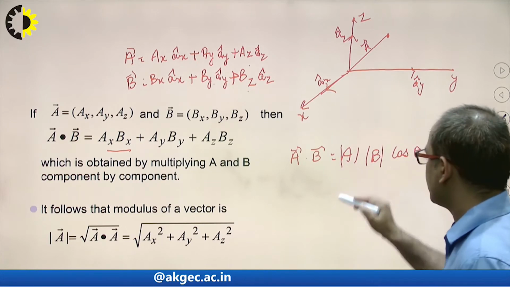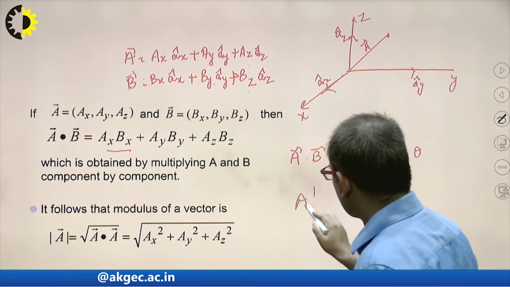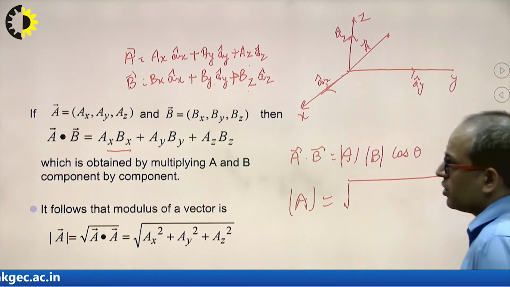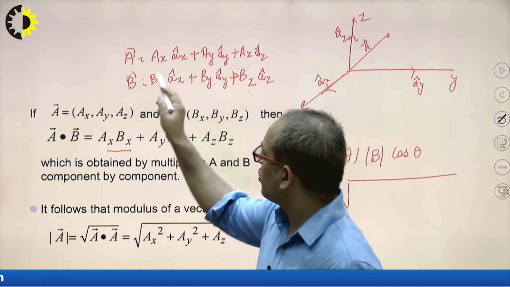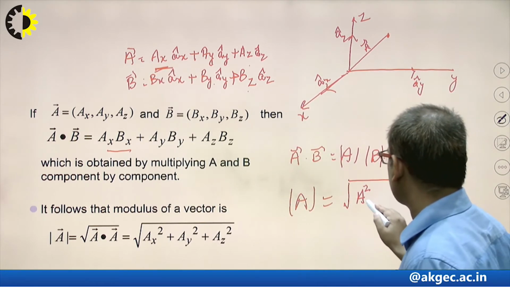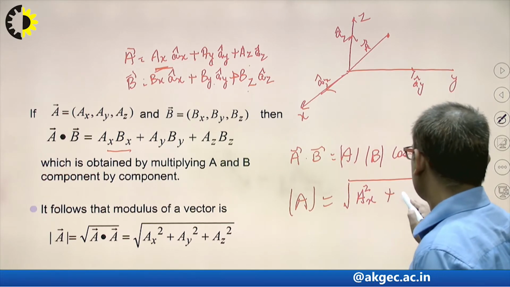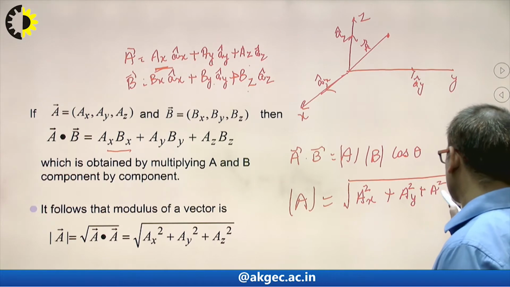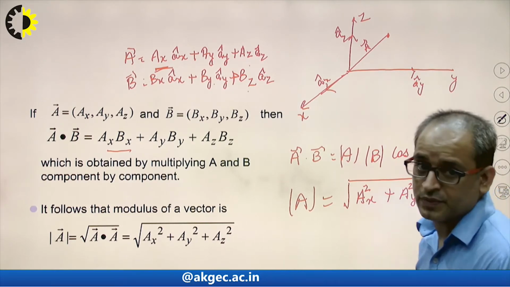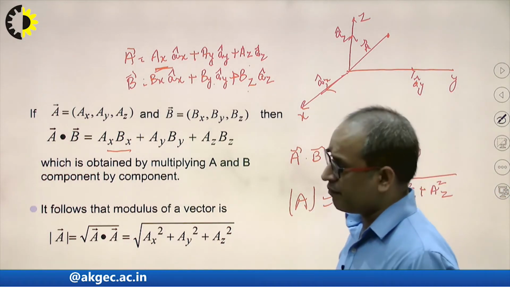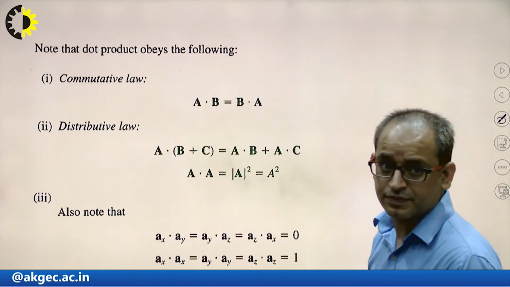How do we calculate the magnitude of A? The magnitude of A will be calculated as the square root of Ax squared plus Ay squared plus Az squared. Clear? In this way we will calculate the magnitude of a vector.